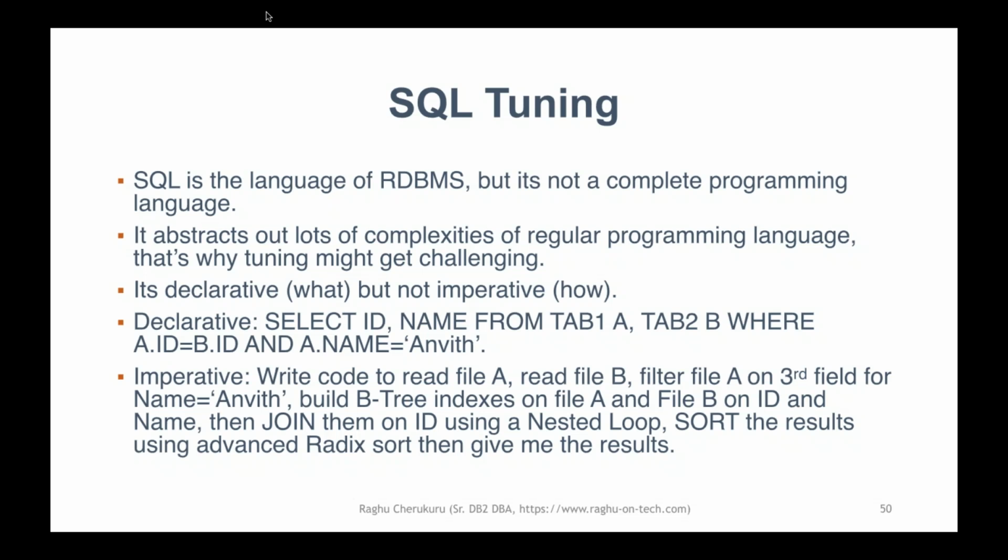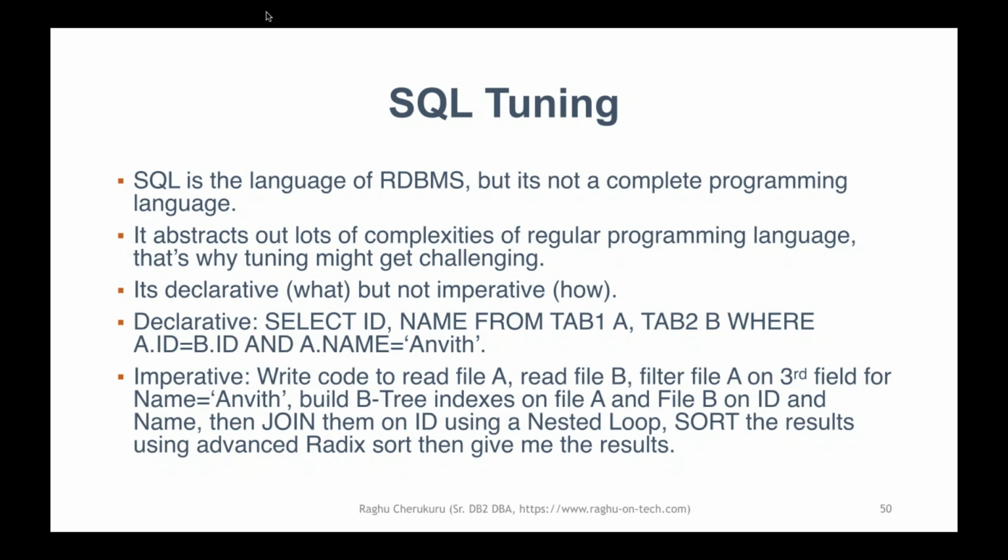It's declarative. You can tell it what you want, but you cannot tell it how you want it. Although these days we have optimizer guidelines, you can influence to some extent how it gets the data that you want. So declarative is something like: select ID, name from table 1, table 2 where ID equal to ID and name is equal to Smith.